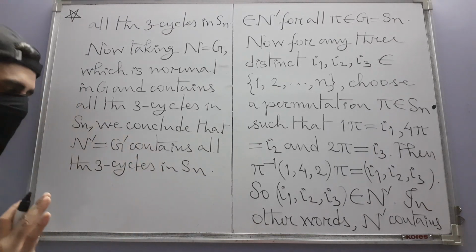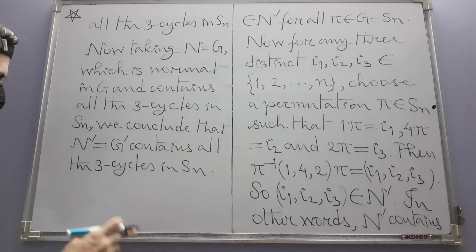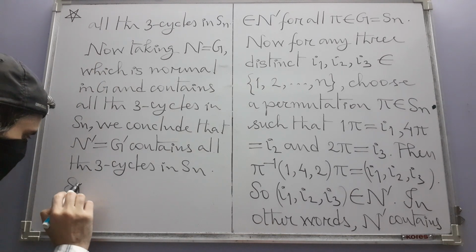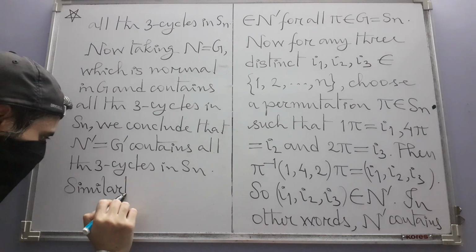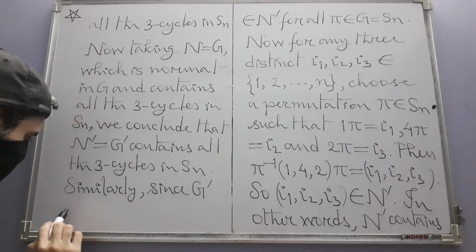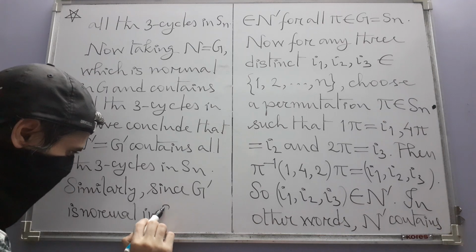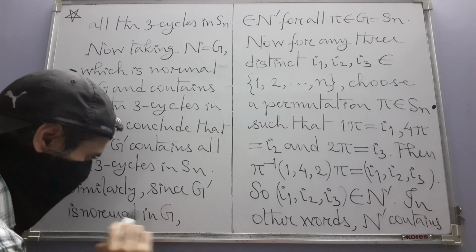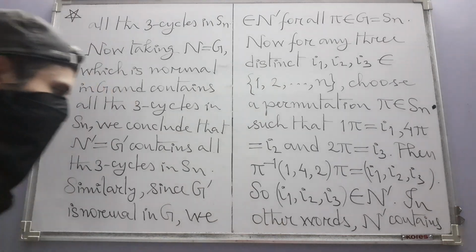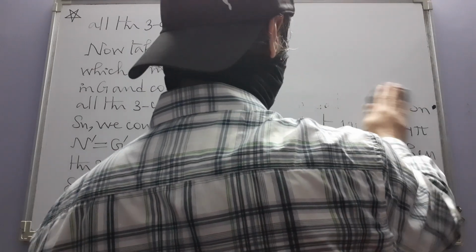Now G prime contains all the three cycles in Sn and G prime is normal in Sn. So in the next step, you can take G prime in place of N. Similarly, since G prime is normal in Sn or normal in G, same thing, we have that the commutator subgroup of G prime also contains all the 3 cycles, which by definition is G superscript 2.